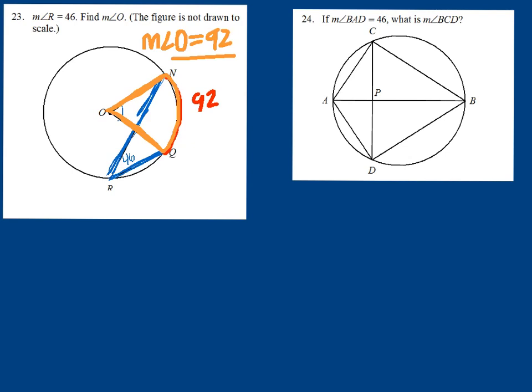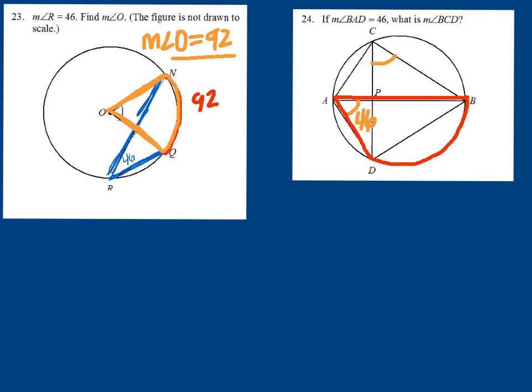Let's look at number 24. 24 says the measure of angle BAD, so this angle right here, is 46. We want to find the measure of angle BCD, so this angle right here. Now we outline each of these angles, so BAD, we see that this is an inscribed angle, and here is its corresponding arc, or its intersecting arc.